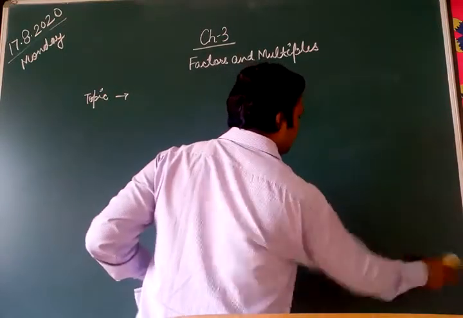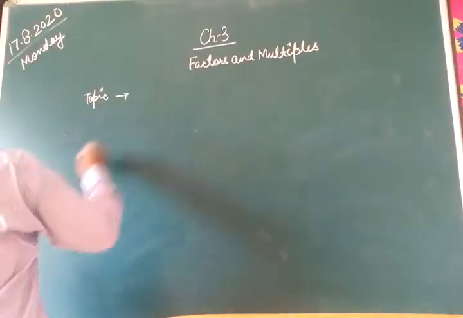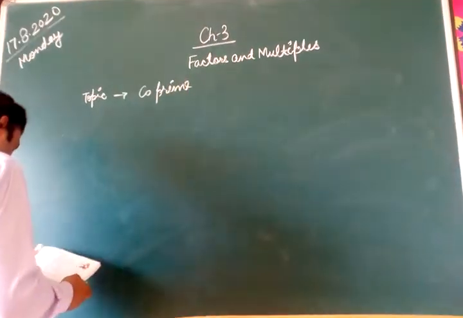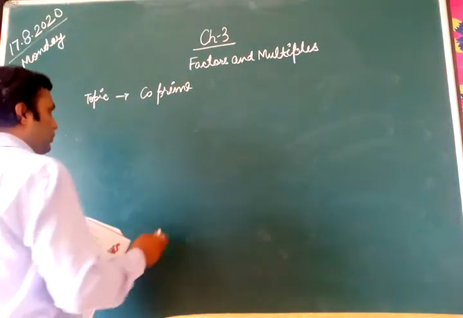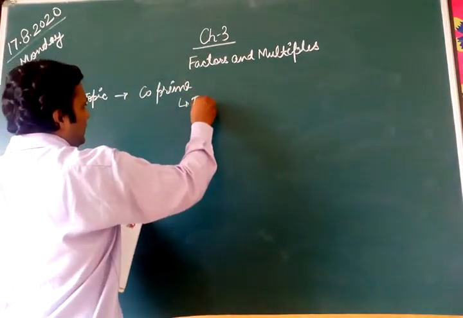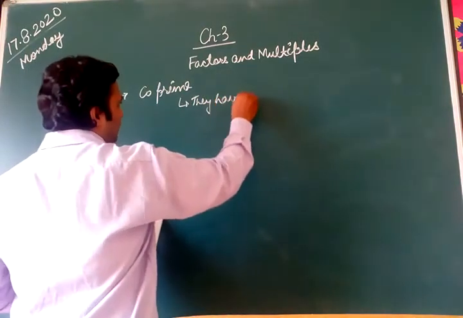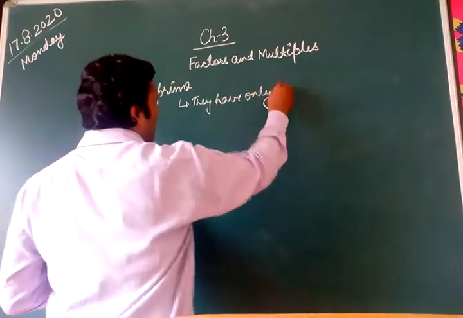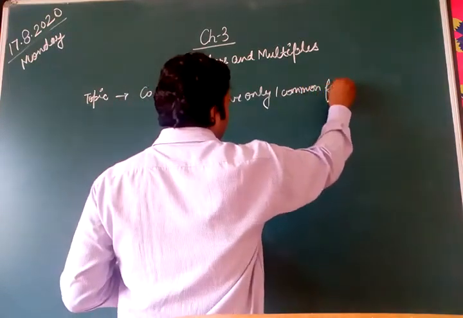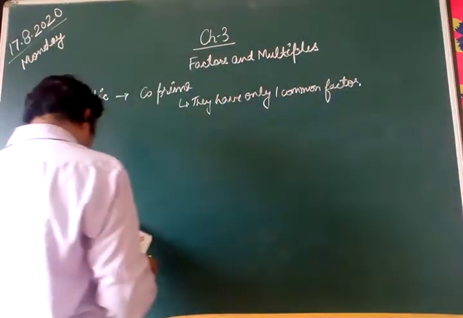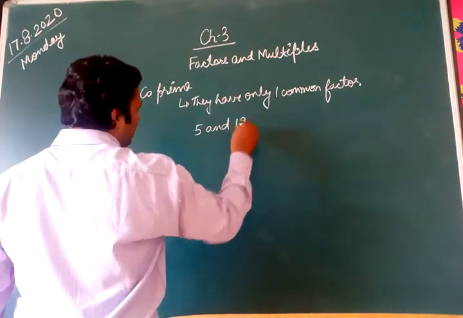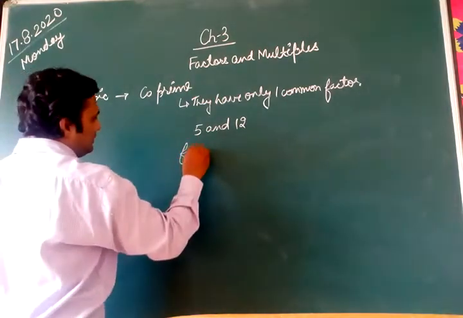Next is the co-prime. Two numbers are co-prime if they have only one common factor. If we talk about the numbers 5 and 12, we will take out the factors.